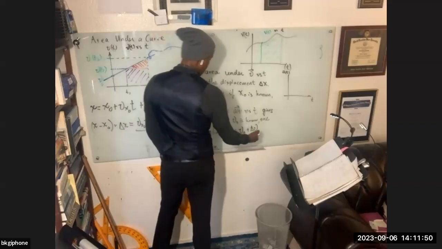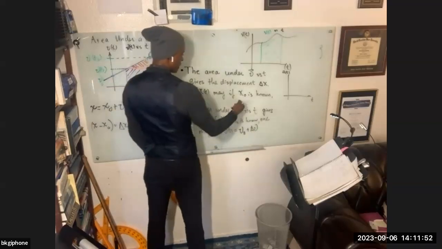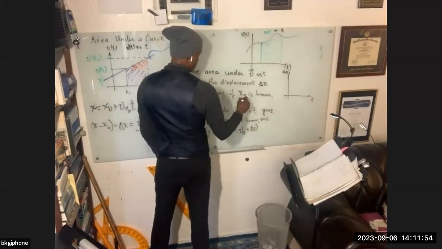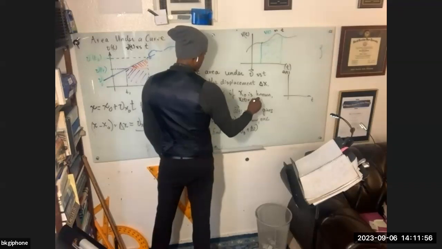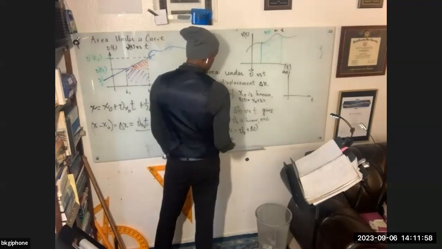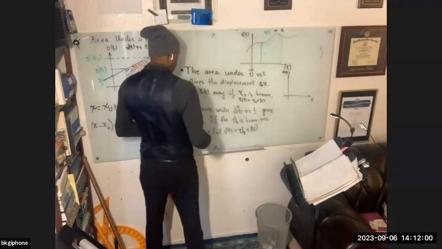By definition, delta v is equal to v final minus v naught. And same thing here, x of t is equal to x naught plus delta x. That's how you would find it.